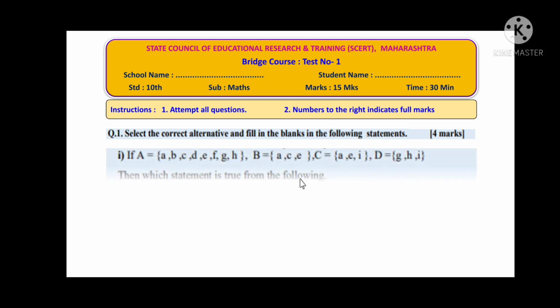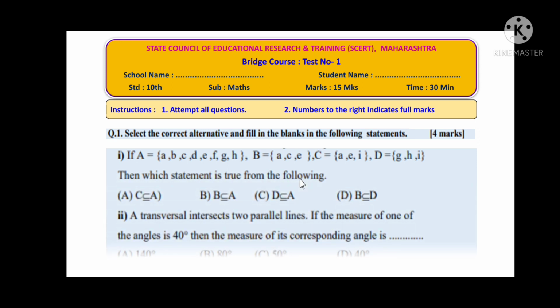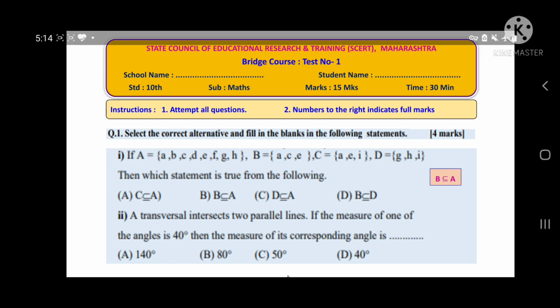Number 1, if A is the set having the elements A, B, C, D, E, F, G, H, B having the elements A, C, E, C having the elements A, E, I, and D having the elements G, H, I, then which statement is true from the following? C is a subset of A, B is a subset of A, D is a subset of A, and B is a subset of D. And here the expected option is B is a subset of A.